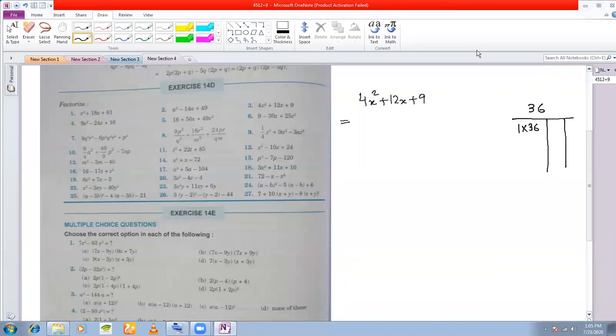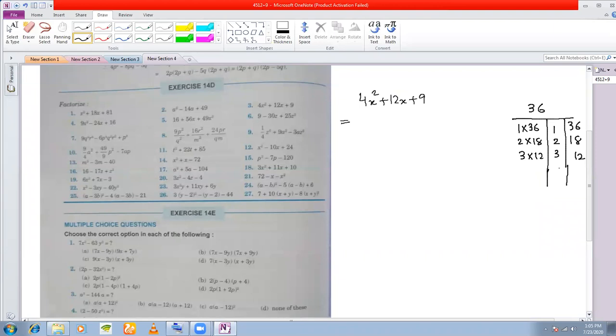Then 2 into 18. 1 and 36 will not give you plus 12. 2 and 18, will it give you plus 12? No, sir. What else? 3 and 12. Will it give you 12? No. What else?